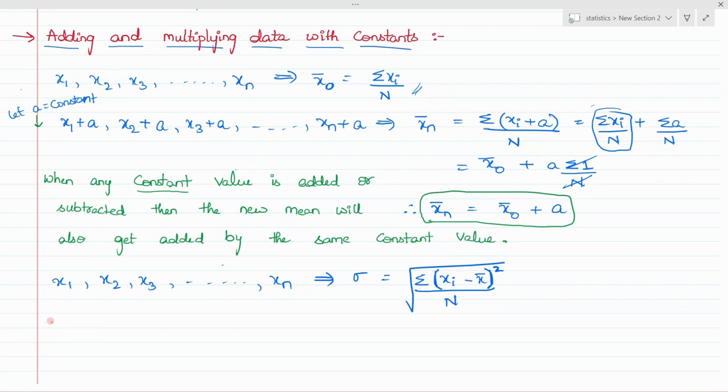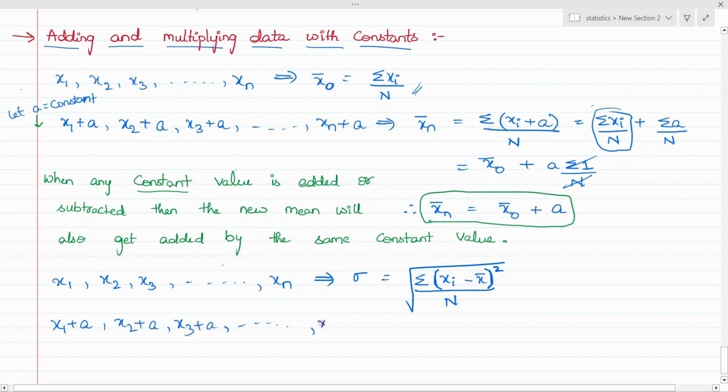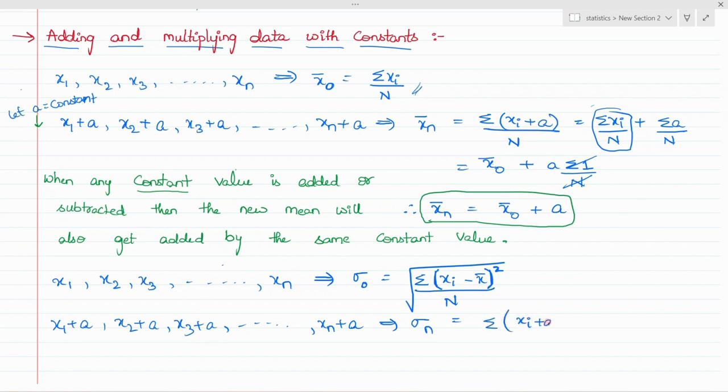Now, if we add a constant value to all the data points, that is x1 plus a, x2 plus a, x3 plus a, so on till xn plus a. Now, the new standard deviation will be sigma of xi plus a, because we are adding a constant to all the data points, minus x bar. X bar is nothing but the mean. Just now we have discussed that if a constant value is added to the data, then the mean also will get added.